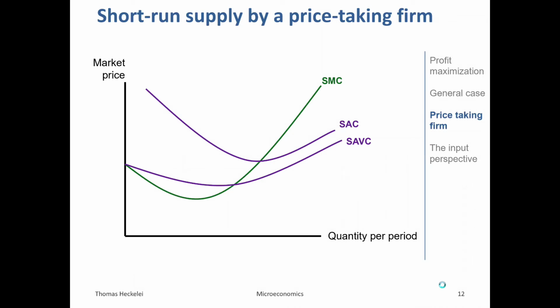Okay, last topic of this year: short-run supply by a price taking firm. So now let's forget for a moment the complicated monopolist case and focus on something probably easier to grasp, because for the price taking firm, the market price is exactly the marginal revenue, because it has no market power to affect the market price.